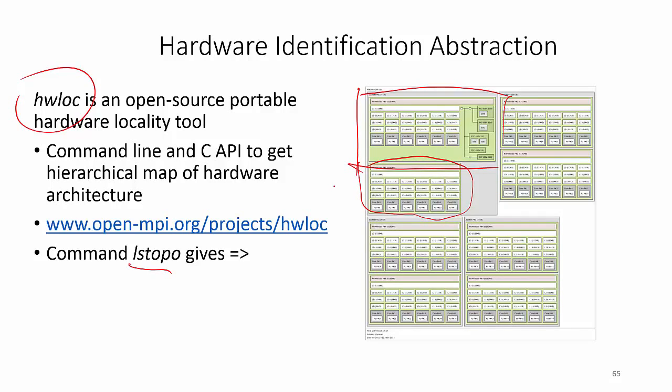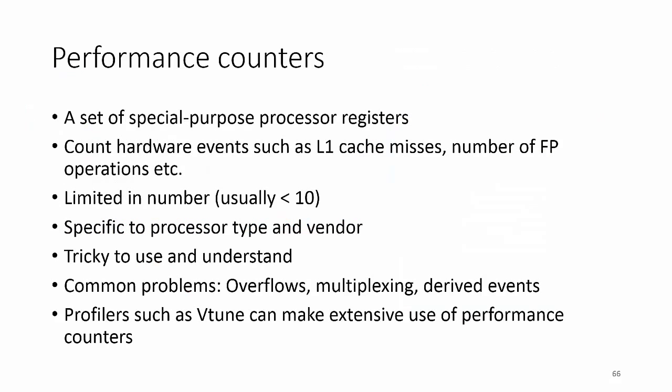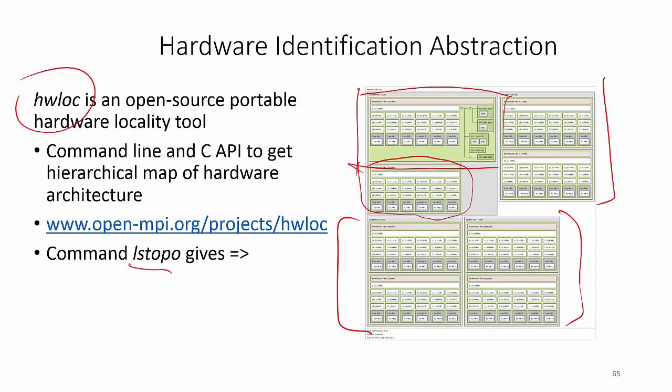So in each package you have 12 cores, and then you have 4 of these, for a total of 48 cores. Very useful information to get. This tells you what the system looks like.